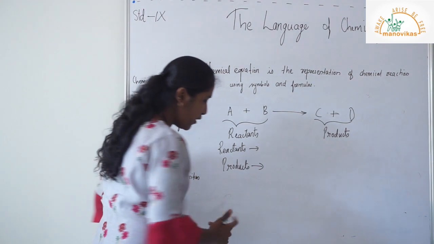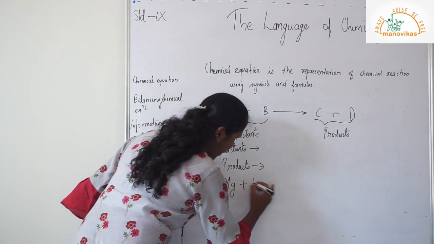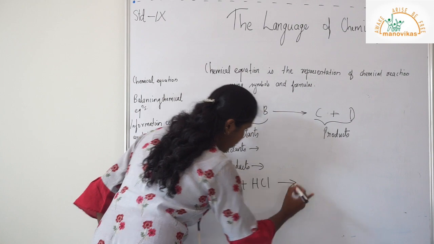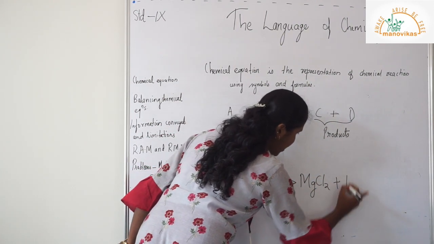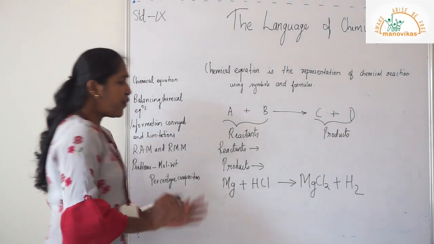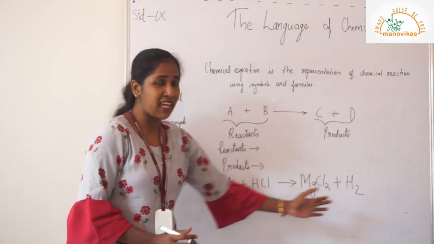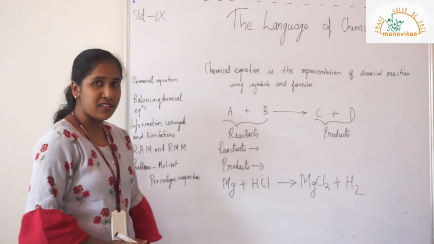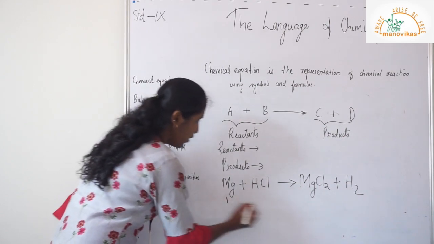Let's take one example. You have Mg plus HCl gives MgCl2 plus H2. Now if you try to compare the number of atoms to the left hand side and that to the right hand side, the equation is not balanced. Here you have 1 Mg, here also you have 1 Mg.